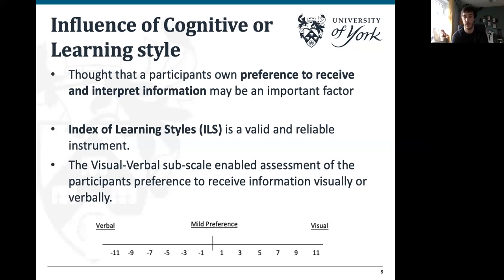The subscale consists of 11 questions with 2 forced choice options in each case. One of the options is a verbal response and the other option is a visual response. In terms of scoring, each time the participant chooses a visual response, they are given a +1 to their score, and each time they choose a verbal response, they're given -1 to their score. This leads to a score which is an odd number between -11 and +11, which is also shown in the figure at the bottom of the slide.